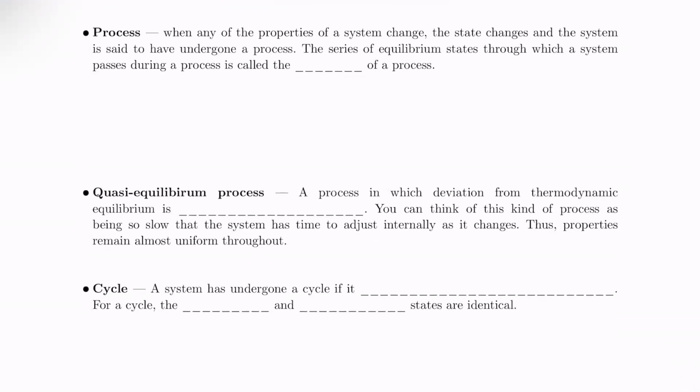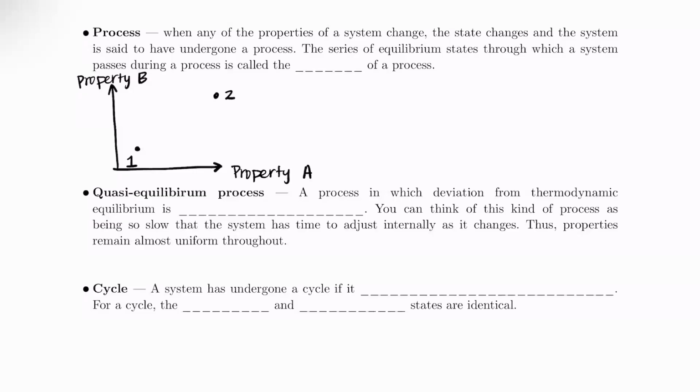We're also going to make use of the term process. So process refers to when any of the properties of a system change, the state changes, and then the system is said to have undergone a process. So essentially what I mean by this is if we have some property A and some property B. So often you'll see like pressure and volume or pressure and temperature on a chart like this. And we will have two states.